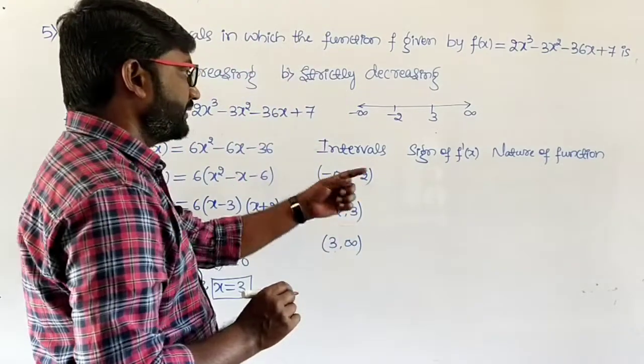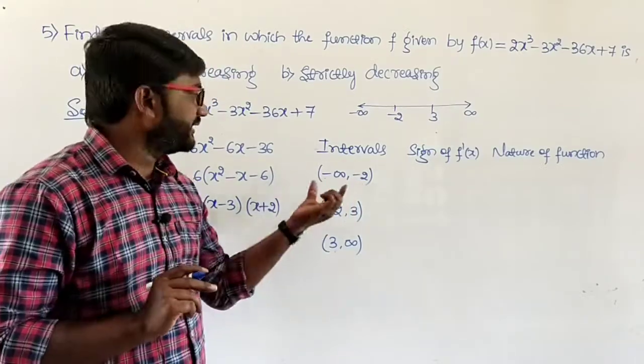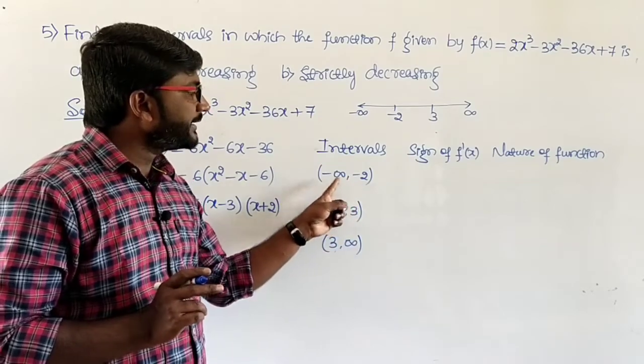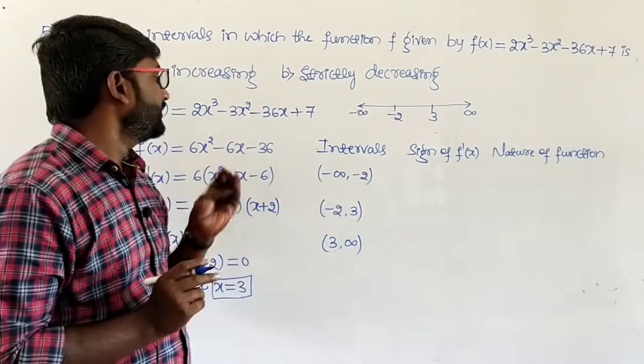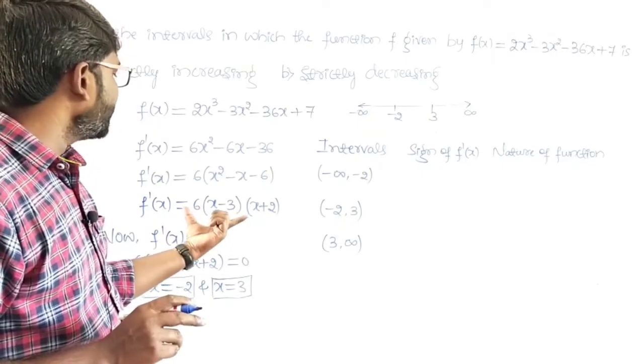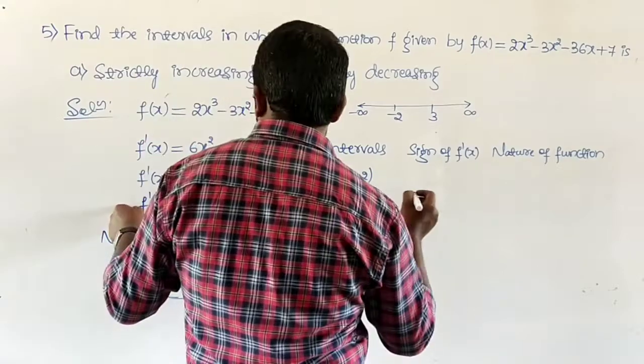So now let us analyze minus infinity comma minus 2. It is an open interval. Leave these 2 points, take in between value. That means you can take minus 3, minus 4, minus 5 and so on. So take minus 5 and analyze f dash of x. I will be taking minus 5 in place of x.